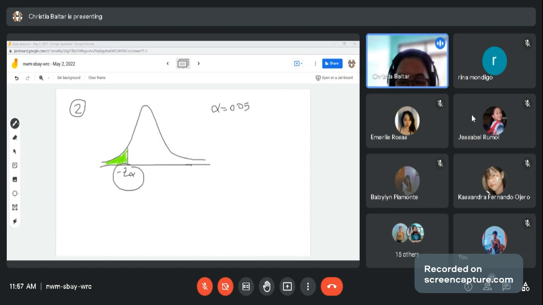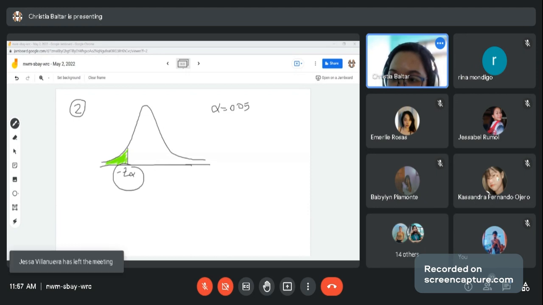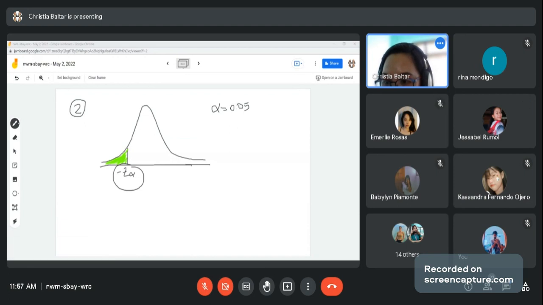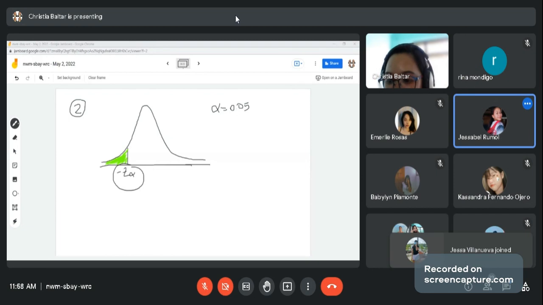What about Emerly? What do you think would be the critical value? Jezabel. What about Piamonte?